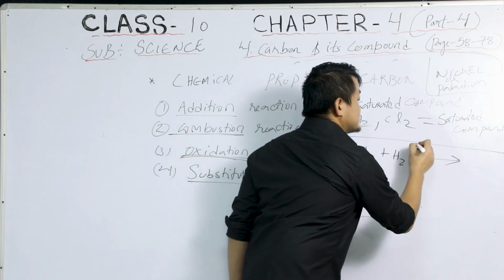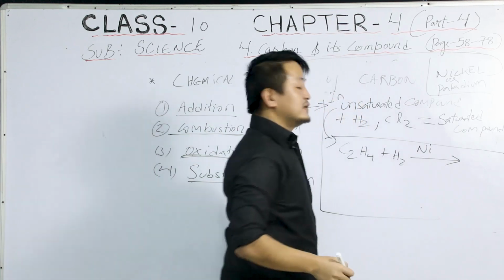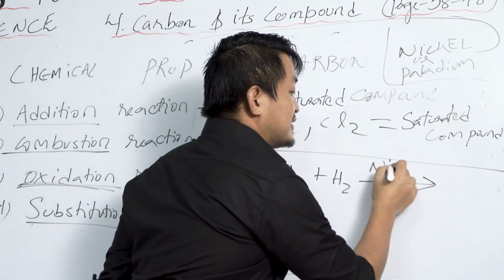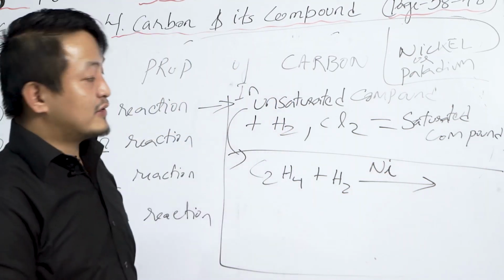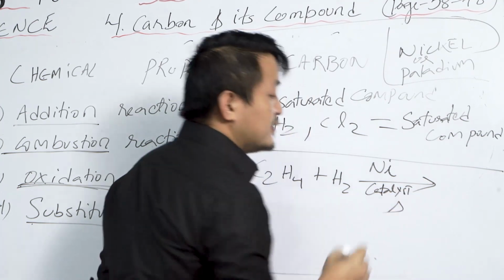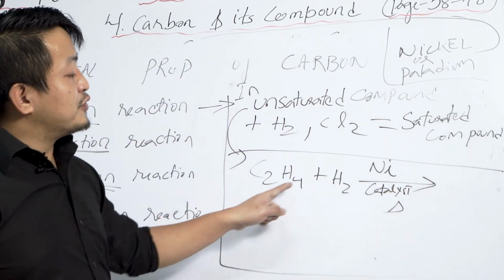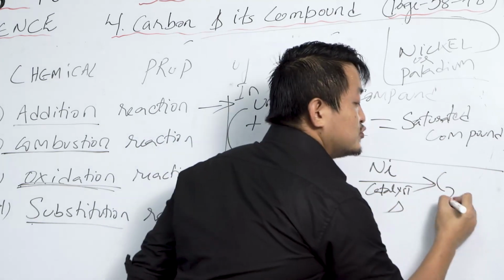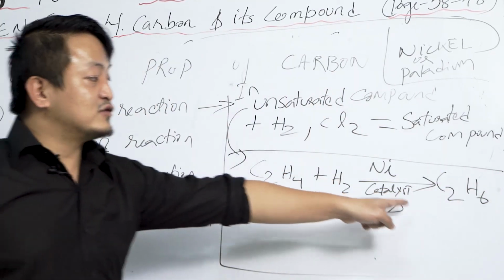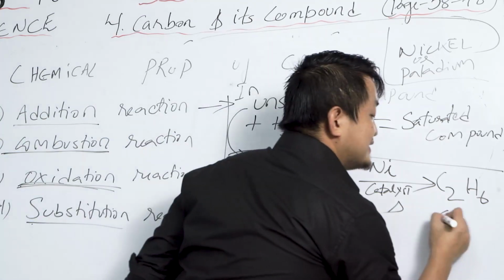So we are using nickel as a catalyst. Now when we react this, we'll get C2H6.